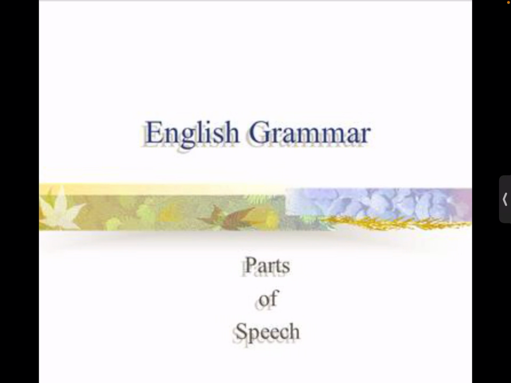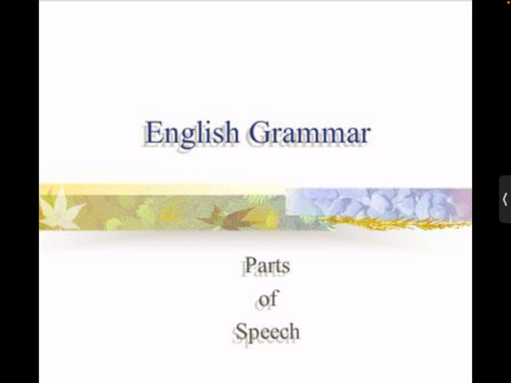For example, if you're going for a job interview in an English-speaking country, the employer will be interested in the quality of your spoken and written English. In fact, 50% of the recruiters said that bad spelling and bad grammar was the biggest reason they would not hire people for a job.